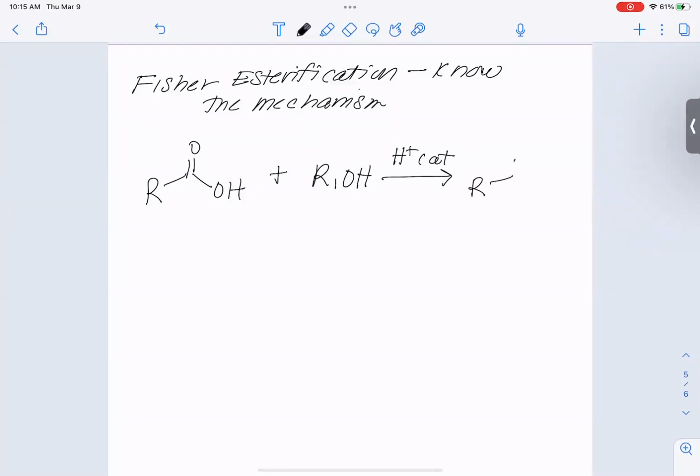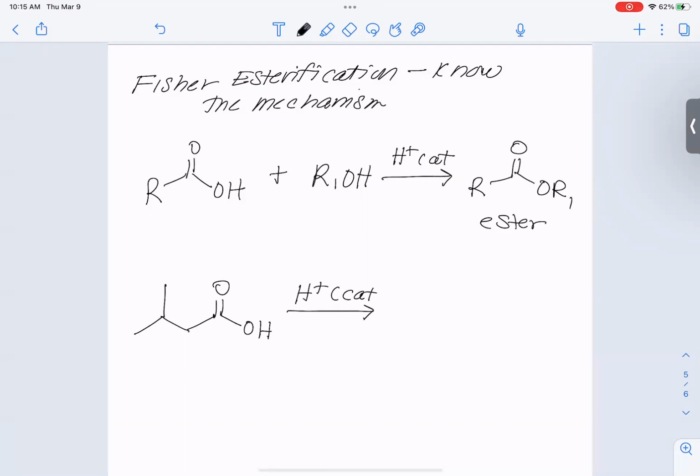And we are going to make an ester. So just based upon what I drew above, see if you can draw the product.